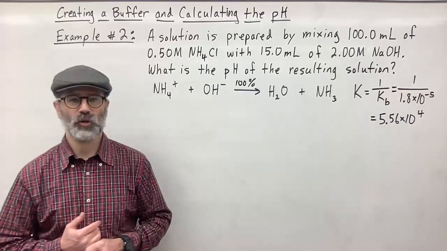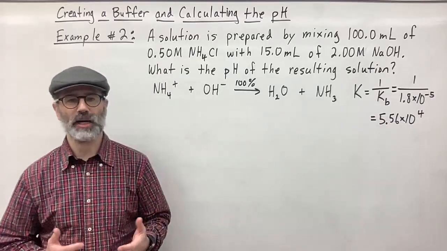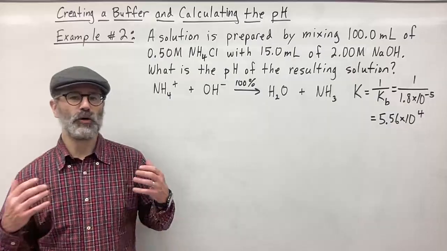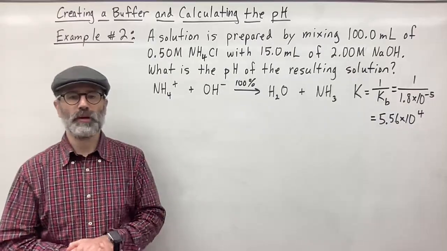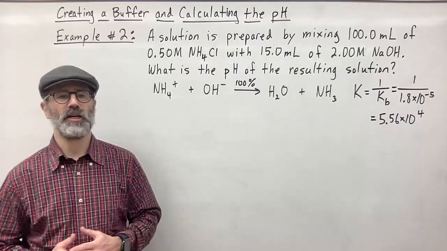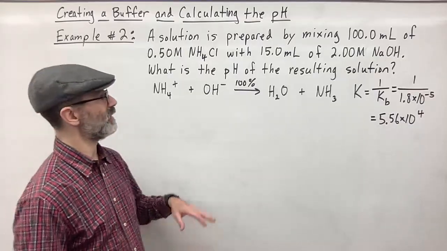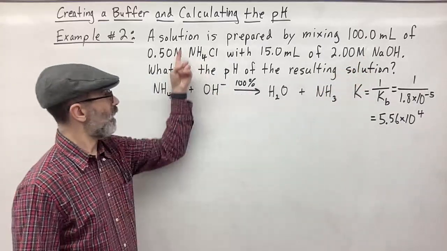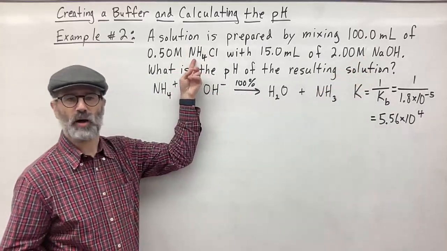The first step is going to be a complete reaction where the reaction goes to completion first, and then we do an equilibrium problem. The way we know that this is going to be a complete reaction first is because we're reacting a strong base with a conjugate or weak acid here.